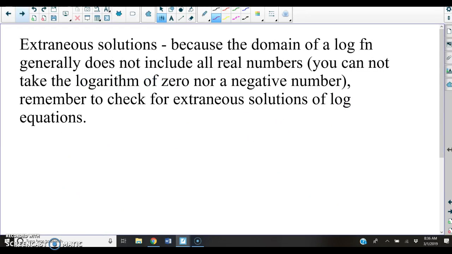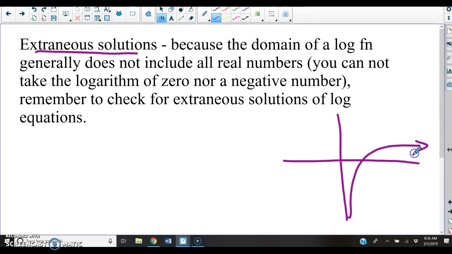Here's what we are talking about, the extraneous solutions. Remember what the graph of a logarithmic function looks like. It's something like this, where the y-axis is the vertical asymptote.